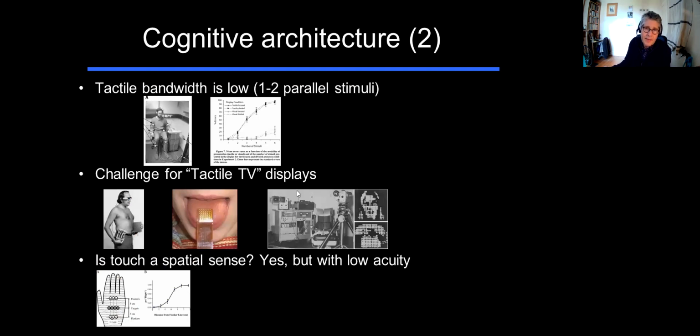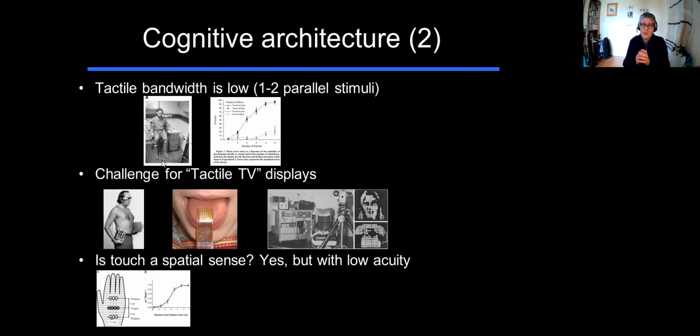The second thing I want to say about cognition is that tactile bandwidth is low. This is something which all virtual reality engineers should be made to repeat 100 times every morning. Tactile bandwidth is low. Here is an experiment by Charles Spence where they put tactile stimulators all over your body, and they stimulated you with little vibrations.